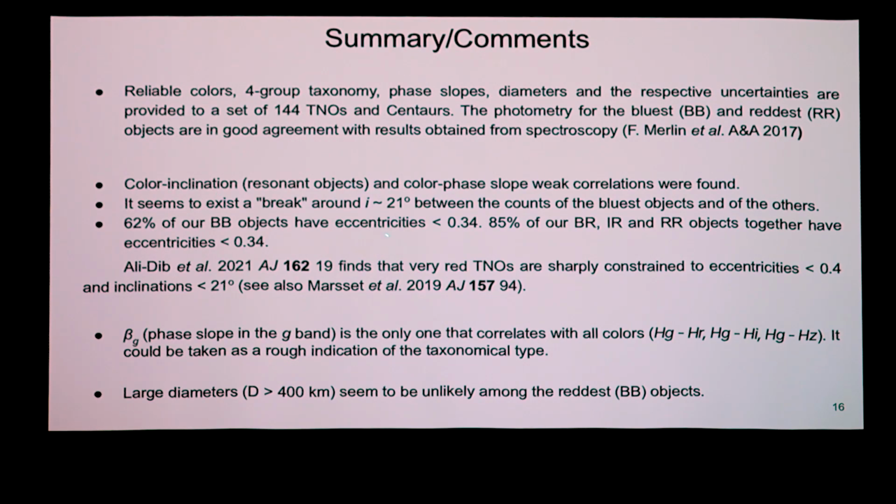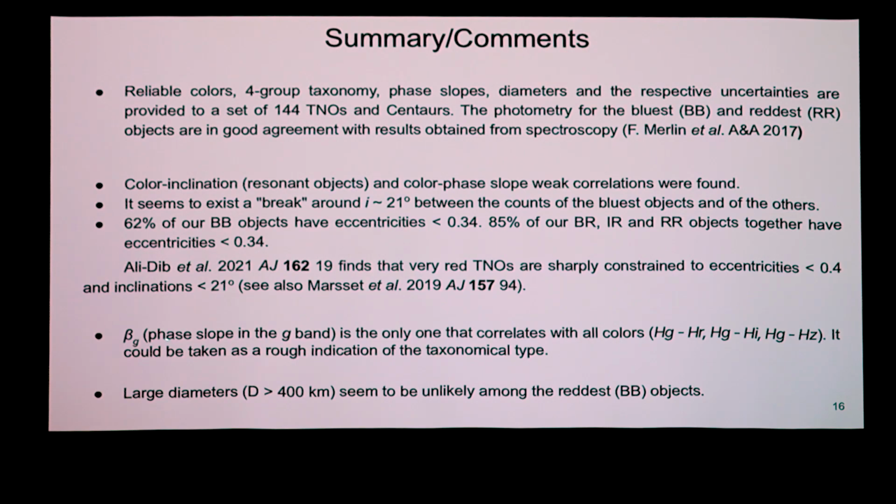These results, well, there are references that mention these things, so they are not exactly new. But they break around 21 degrees in inclination between the counts of reddest and bluest objects. Another break around 0.34 in eccentricity for the bluest and the other classes of objects.